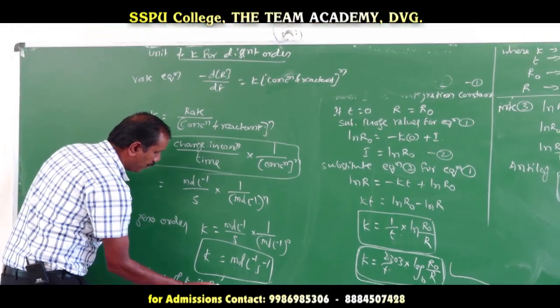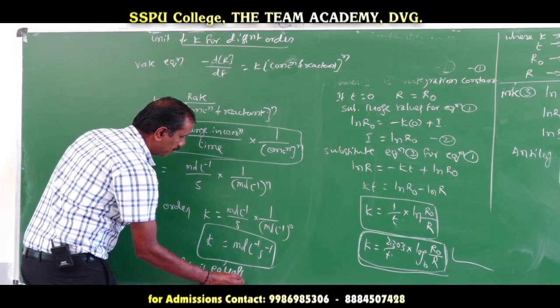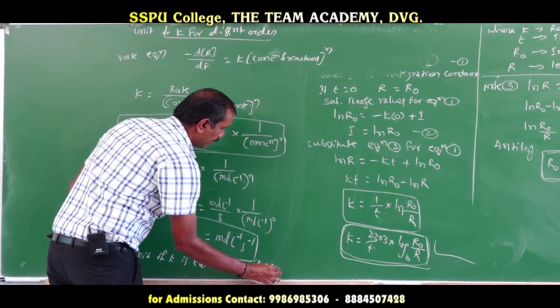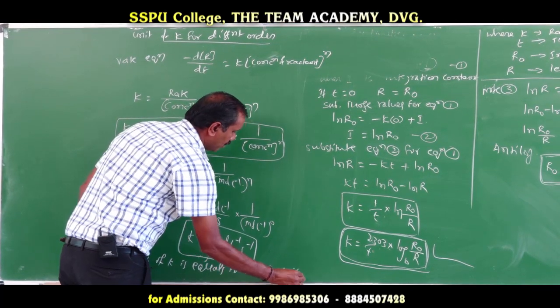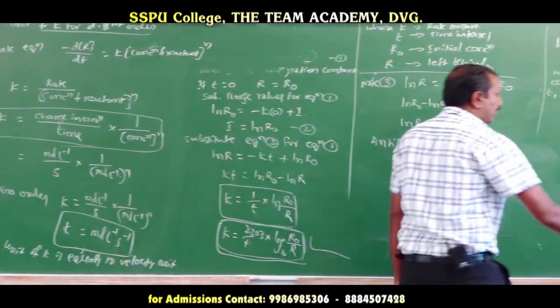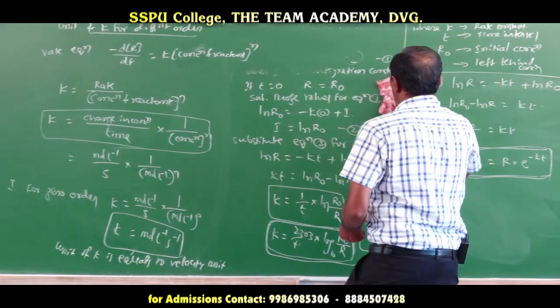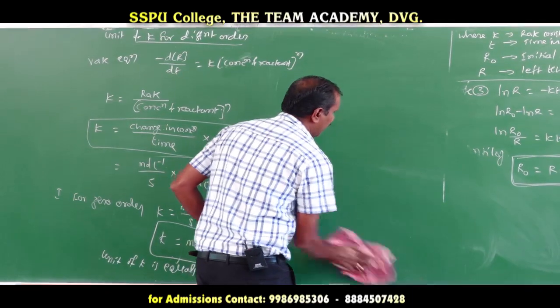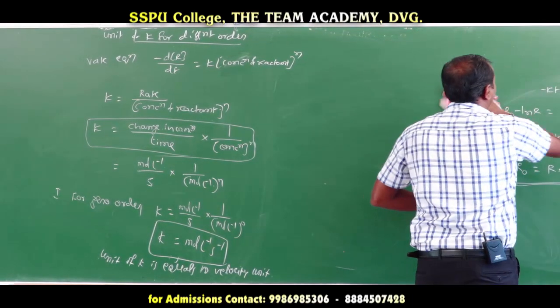Unit of K is equal to the velocity unit. Or we may also write it. How to derive the unit of K for a zero order reaction?